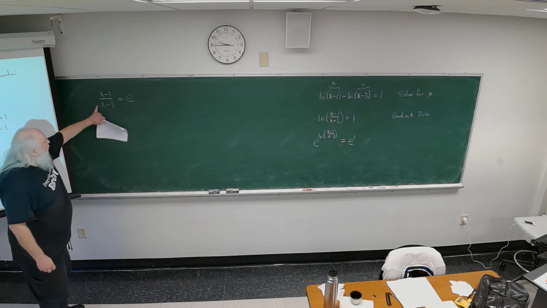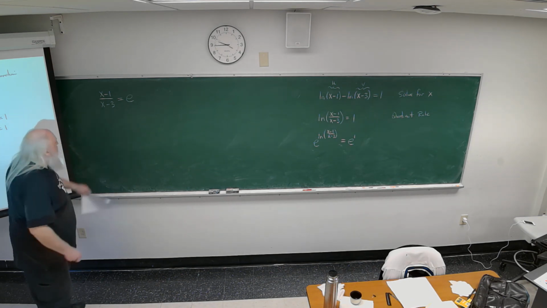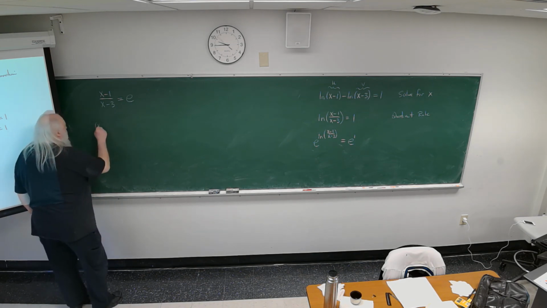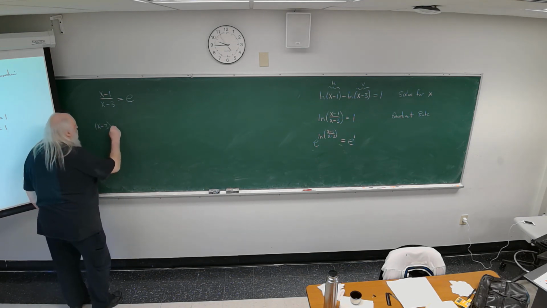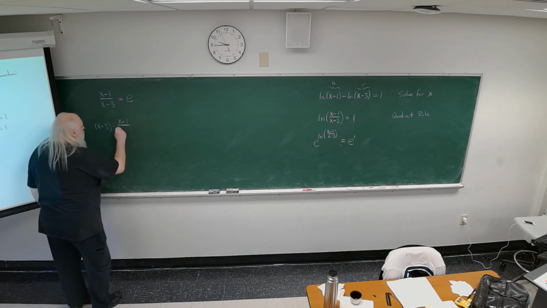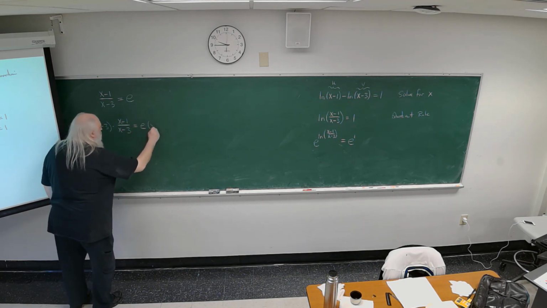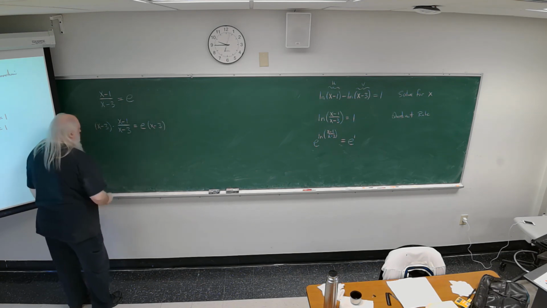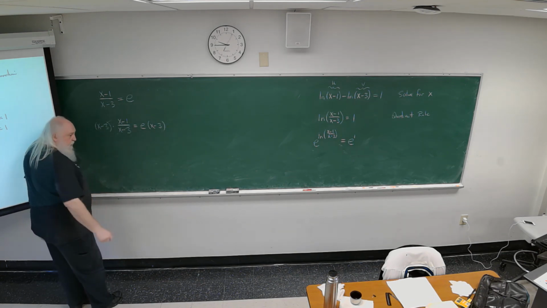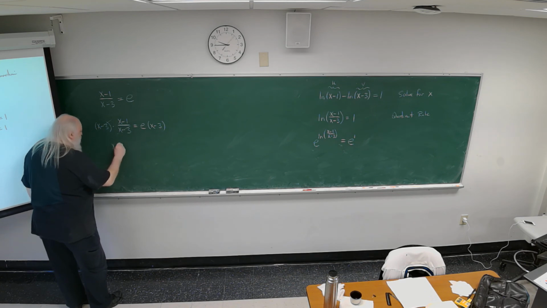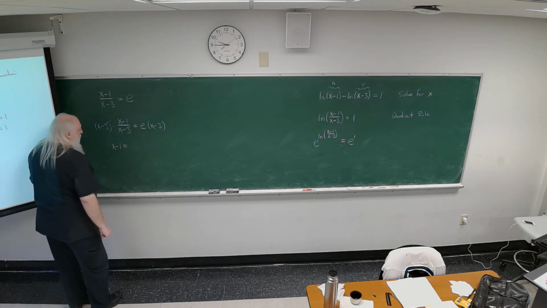So solve for x. Got x in the denominator here, so we multiply both sides by x minus 3. The x minus 3's cancel on the left. We're left with x minus 1 on the left.